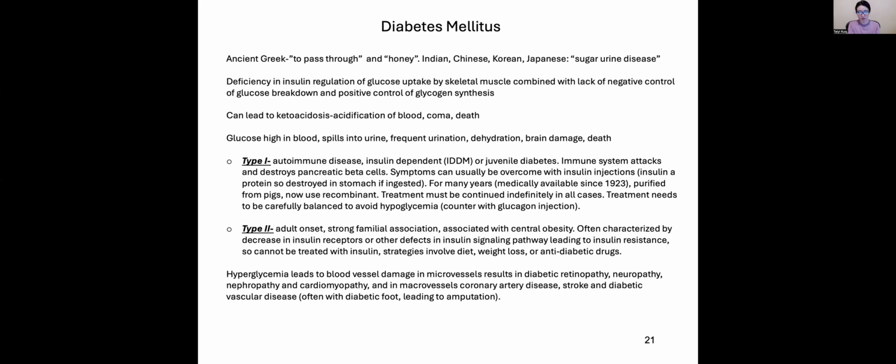And it can also lead to coronary artery disease, stroke, and diabetic vascular disease. And sometimes it can lead to amputation. So it's quite serious if left untreated.